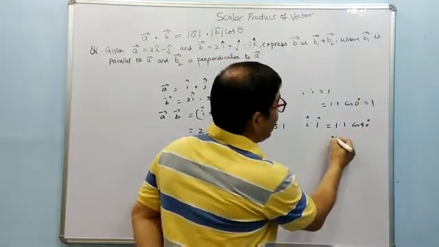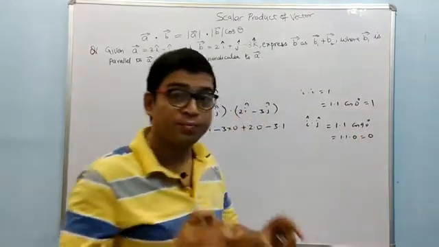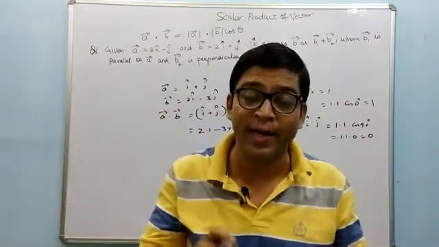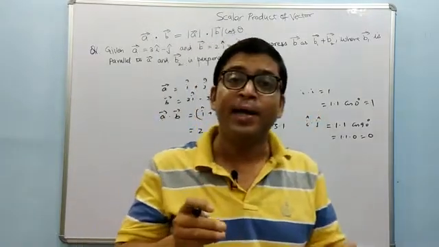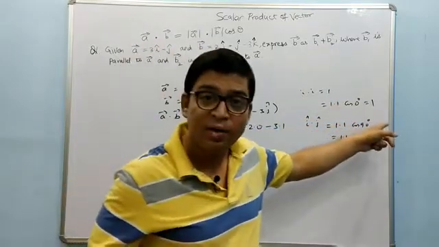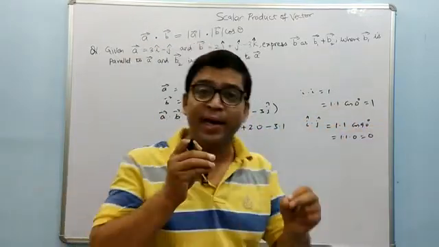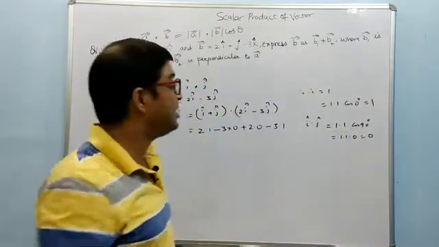We know that cos 90 is 0, so 1 into 0 is 0. So if we multiply a unit vector with itself, the result is 1. If we multiply a unit vector with a dissimilar unit vector, the result is 0.